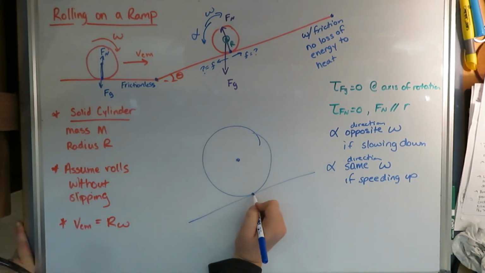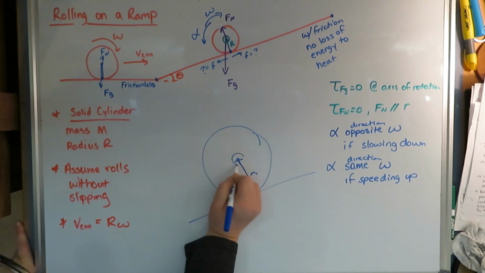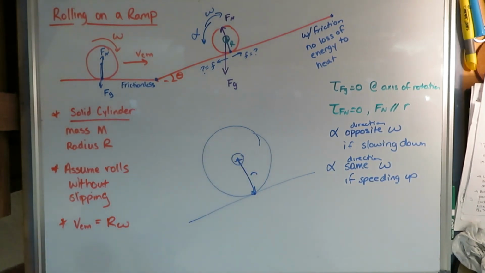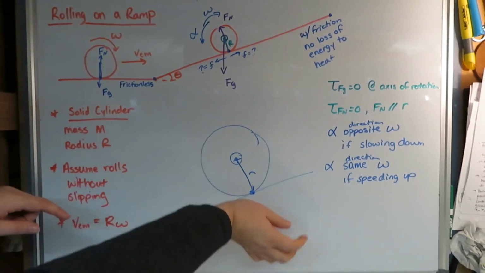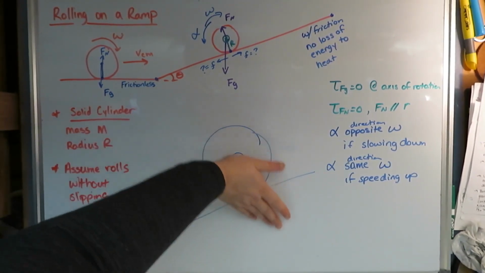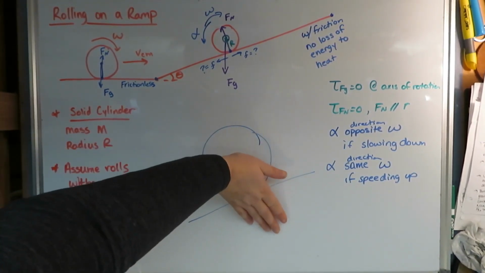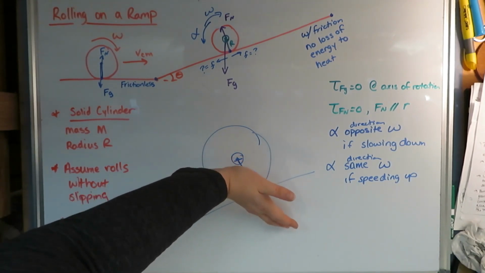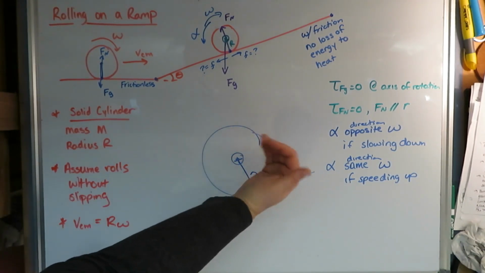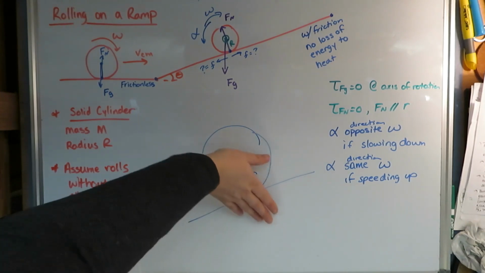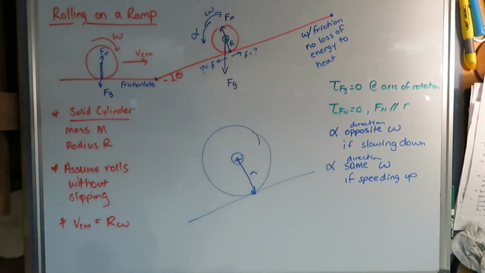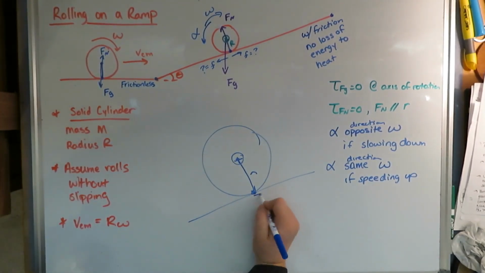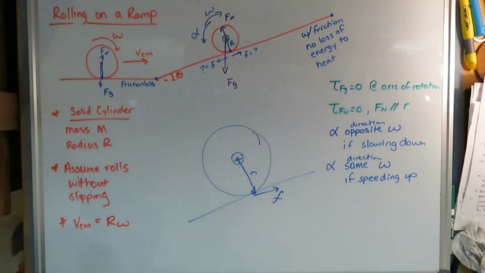I've got a lever arm R for my axis of rotation, and I need to figure out which way friction points. If I picture the heel of my hand being the axis of rotation, and I point my fingers in the direction of R, then I want my hand, when I rotate it, to go this way. In order to get my hand to curl in that direction, my friction force actually has to point up the ramp.